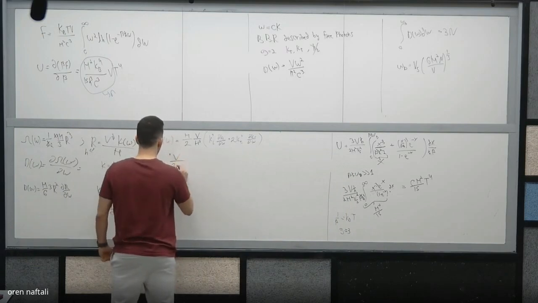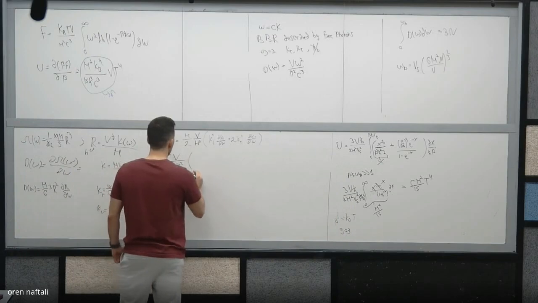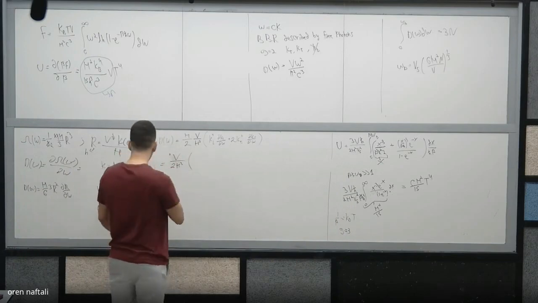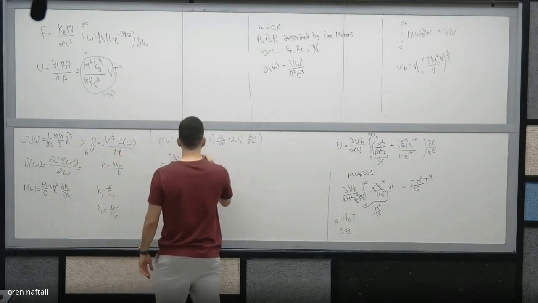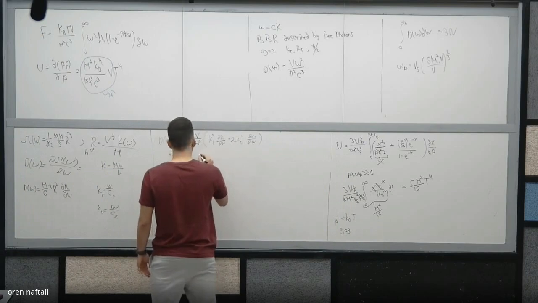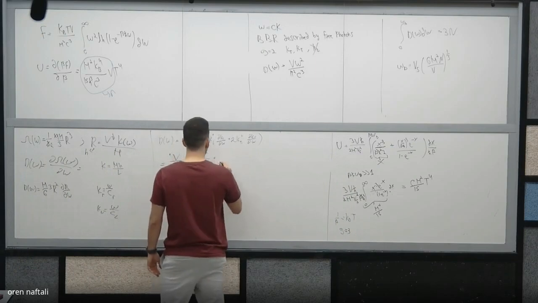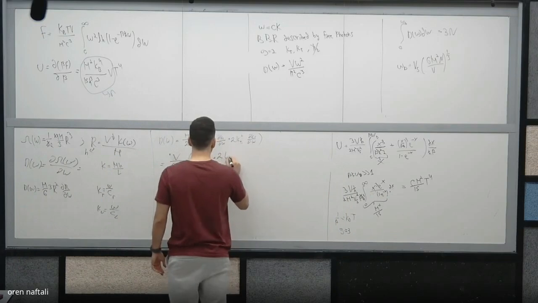And now we just got that this is V over 2 pi squared, and k_L is just omega, omega to the power of 3 over c_L cubed plus 2 omega cubed over c_T cubed.